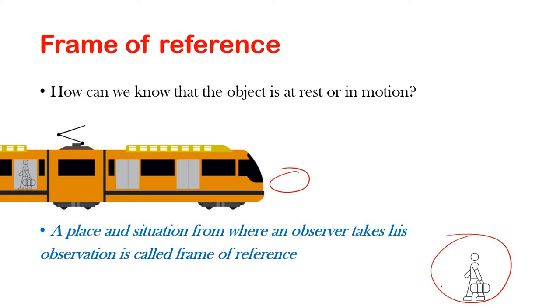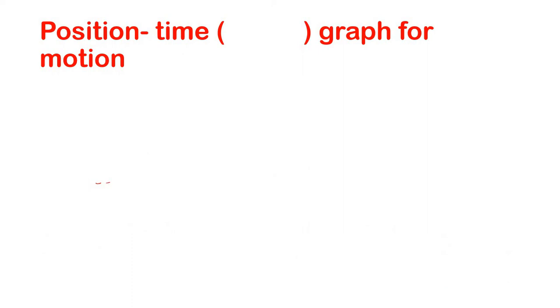You can assume a car moving parallel to the train, and then observing the motion. So altogether different criteria will be there. At present we will not complicate the matter, but this is motion in one dimension, and different frames of reference are possible, right?